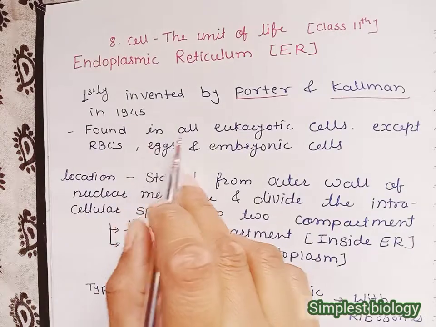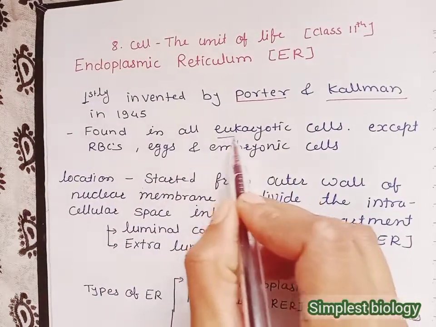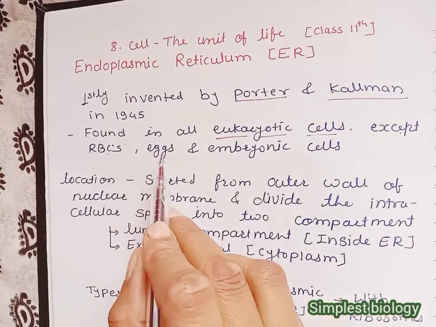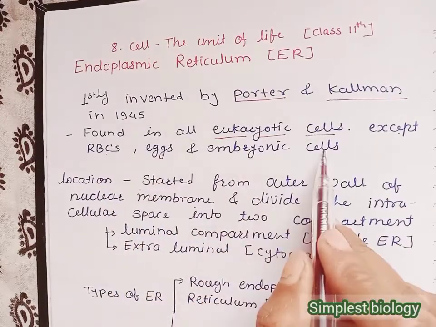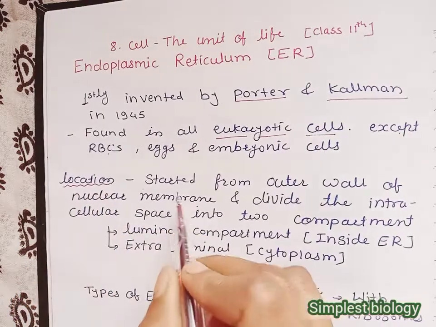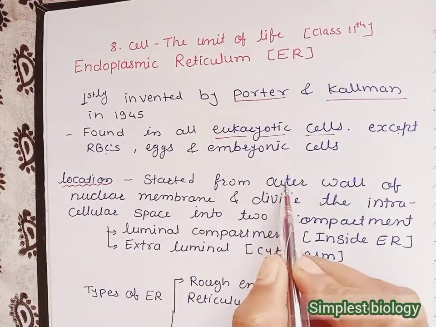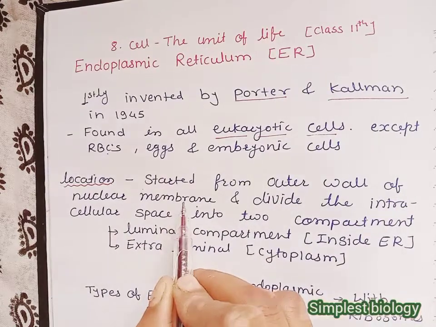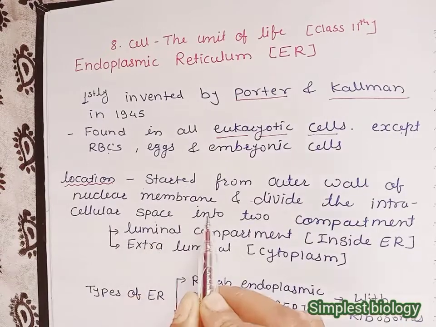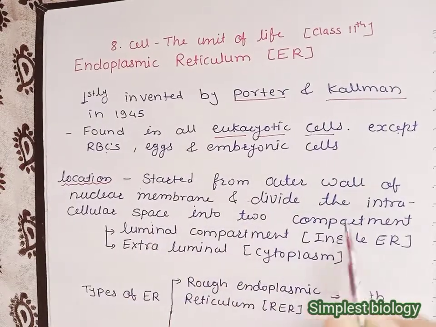Mostly these are found in all eukaryotic cells except RBCs, egg cells and embryonic cells. Location: they start from the outer wall of the nuclear membrane and divide the whole cell material by intracellular space into two compartments.